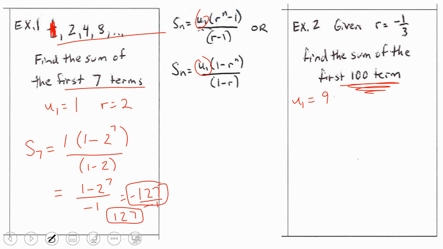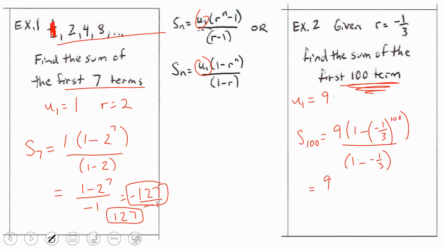Okay, so if the first term is 9 and R is negative 1/3, I'm going to plug in my formula. I'll use the bottom one again. The sum of the first 100 terms is U sub 1 times 1 minus negative 1/3 to the 100th divided by 1 minus negative 1/3.